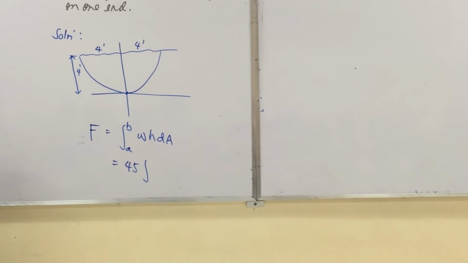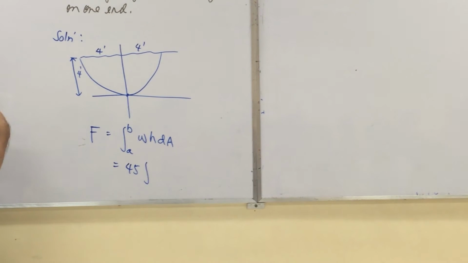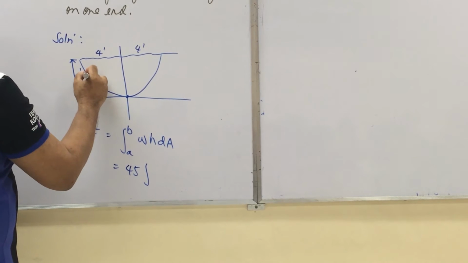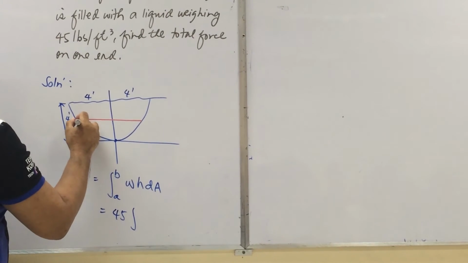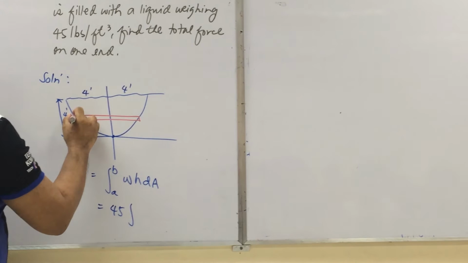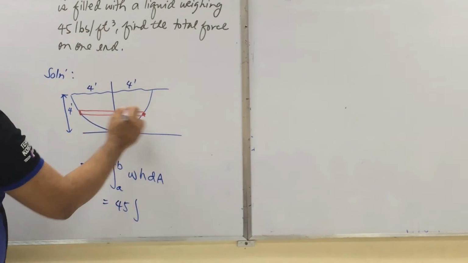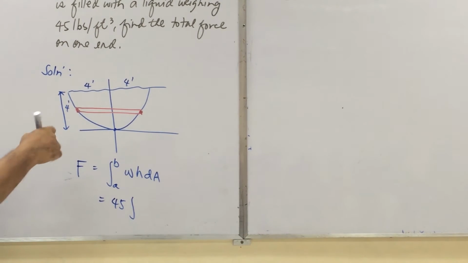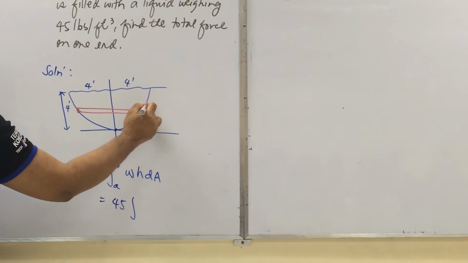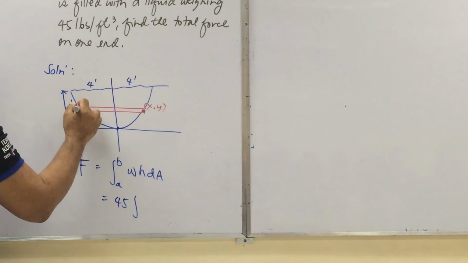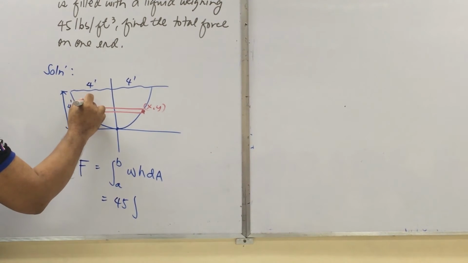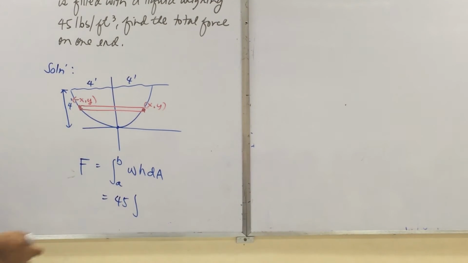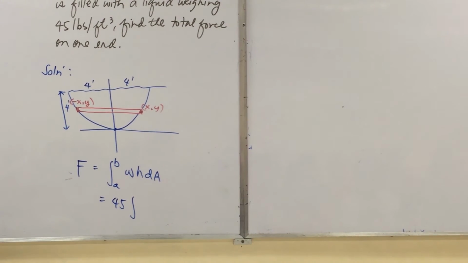The height can be obtained by, let us draw again here a horizontal strip. Let us define the endpoints of the parabola. This is point (x, y), and this is point (-x, y), negative x because it is on the second quadrant.